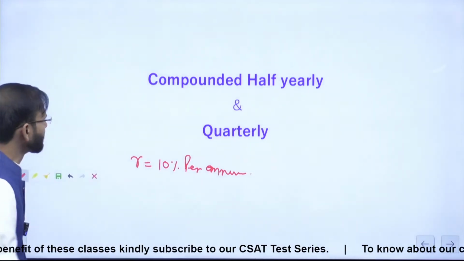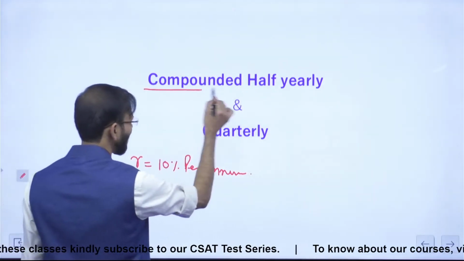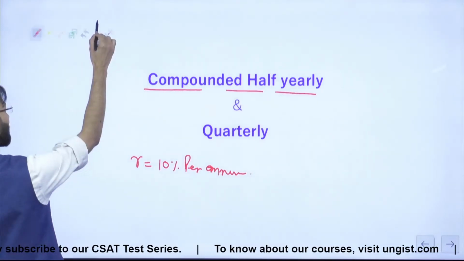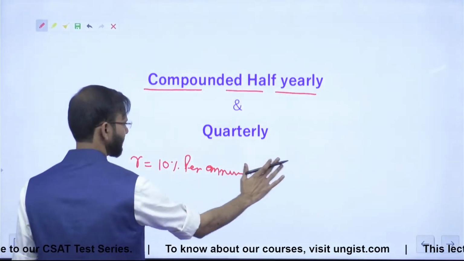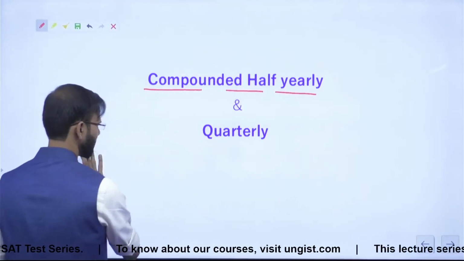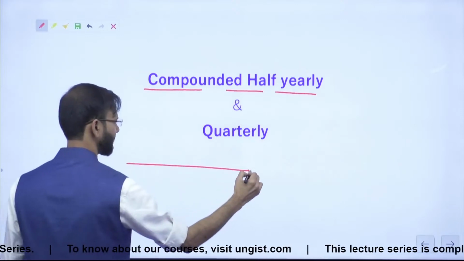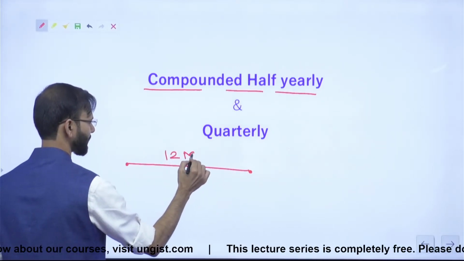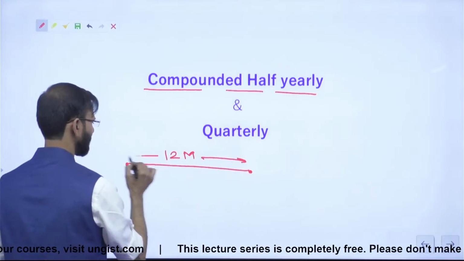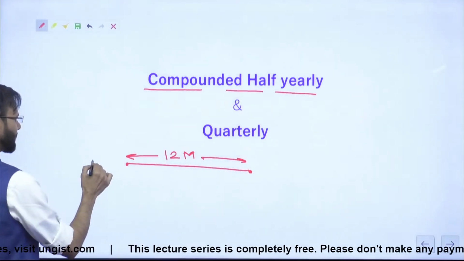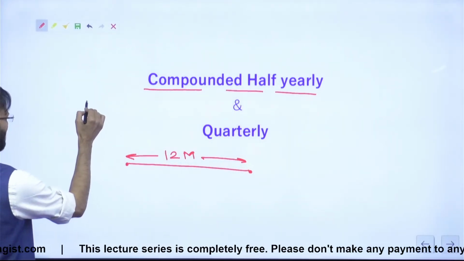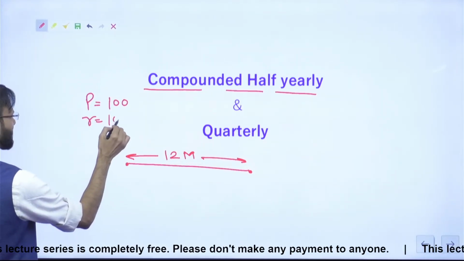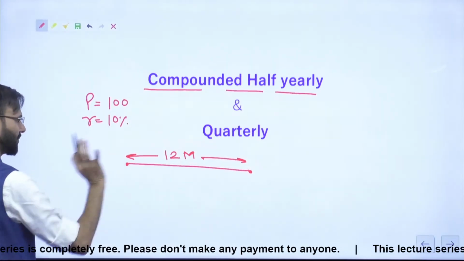Fine. So let me tell you guys, if compounding is being done half yearly, then what will happen is, see, let's say this is the period of 1 year. 1 year means what? 12 months. Everybody clear? So let's say the principal is 100 rupees and the rate of interest is 10% per annum, for example.